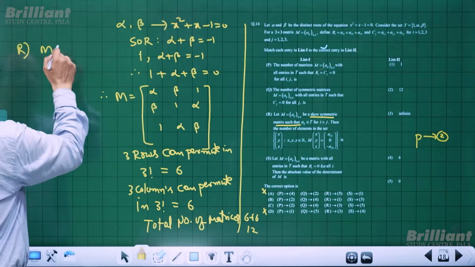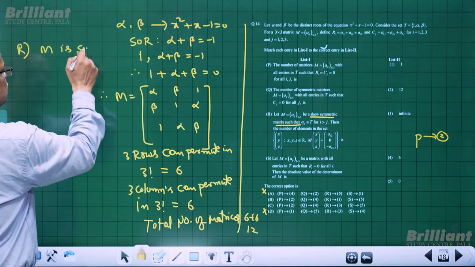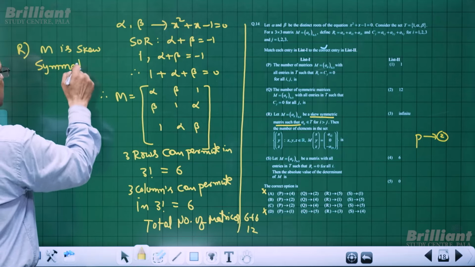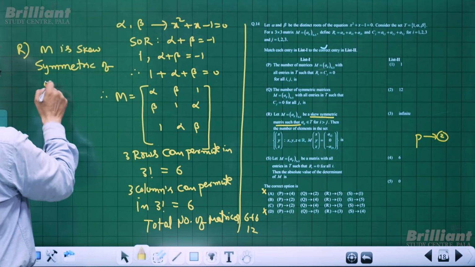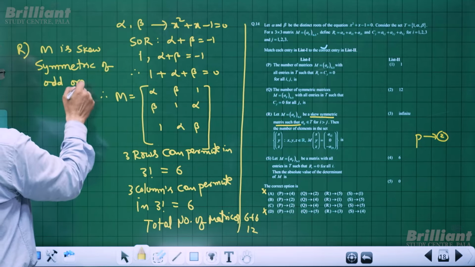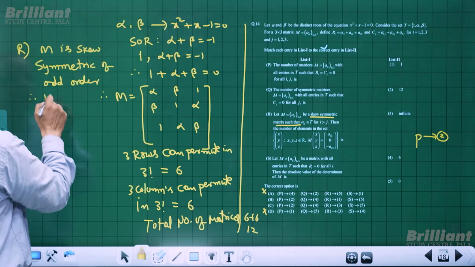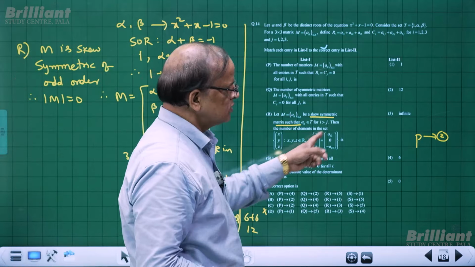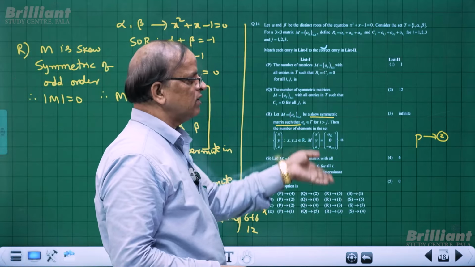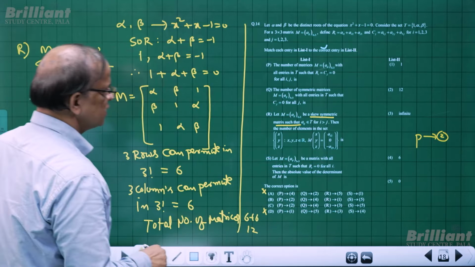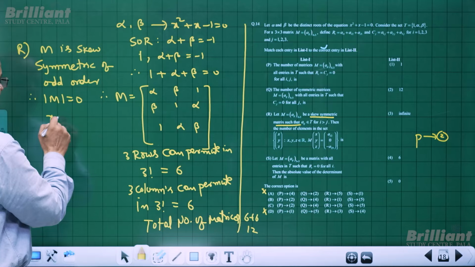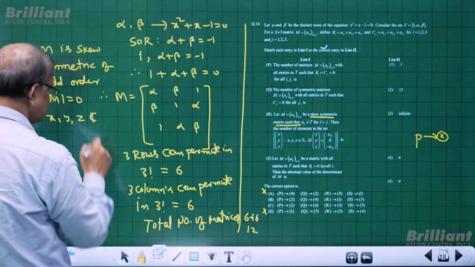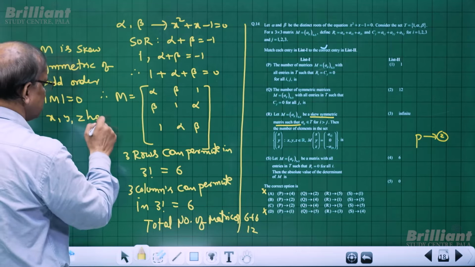So, M is a skew symmetric matrix of odd order. Therefore, the determinant is 0. Determinant 0 means x, y, z can take any values, so it has infinite solutions.